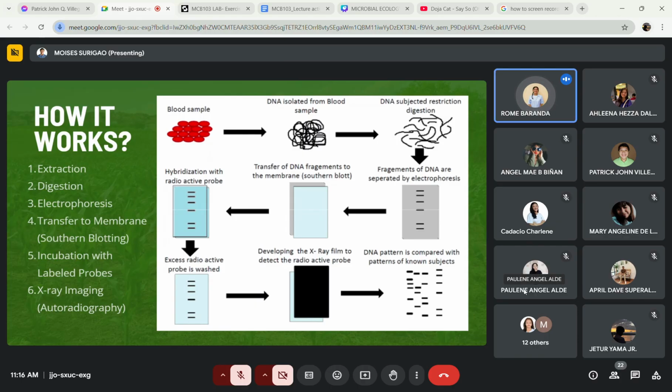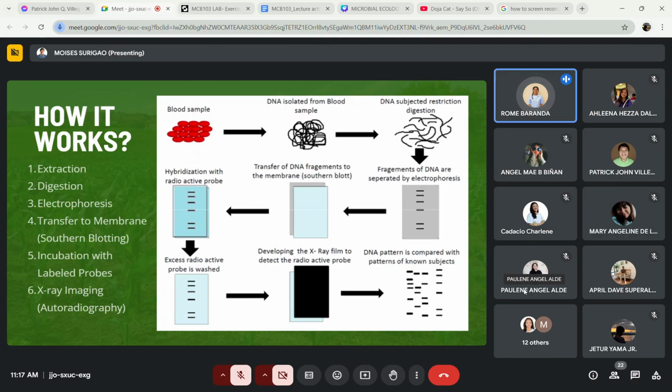And by this time, yung membrane, nag-transferan ng fragments, will be treated with labeled DNA probes that bind to specific DNA sequences of interest. So these probes, they can be radioisotopes, fluorophores, which allows for visualization of the DNA fragments.